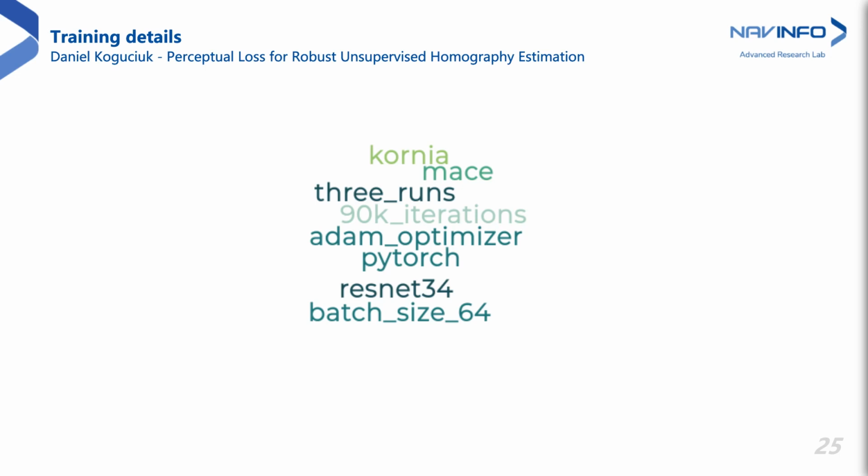The initial learning rate is decayed by a factor of 10 every 30k iterations. We use ResNet34 as a fixed loss network G, with features taken after the first residual block. The homography estimation quality is reported using mean absolute corner error. We report the mean and standard deviation of 3 runs.